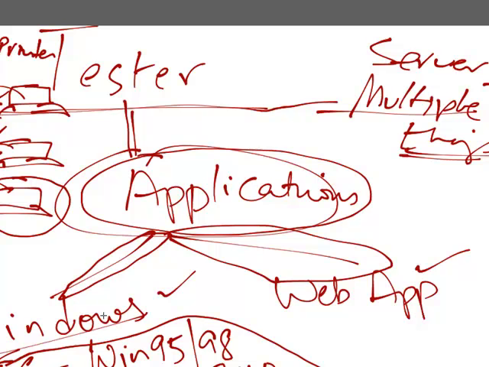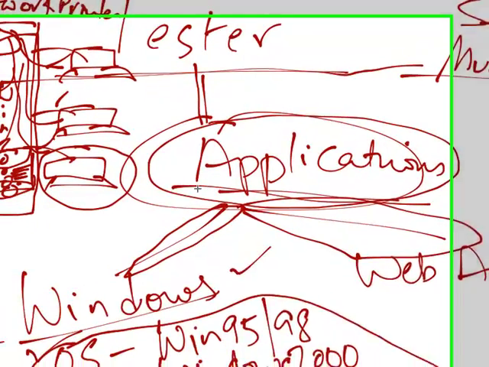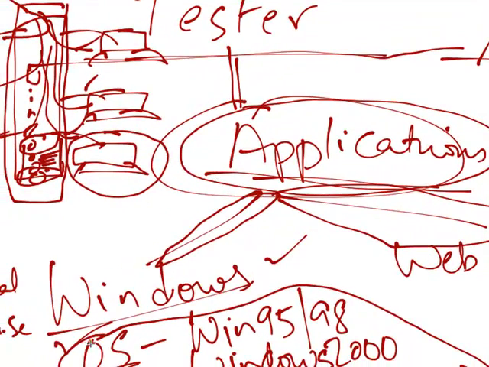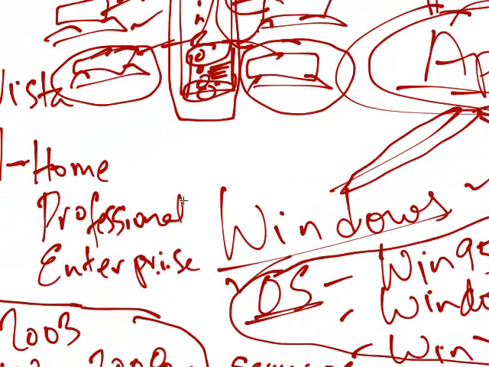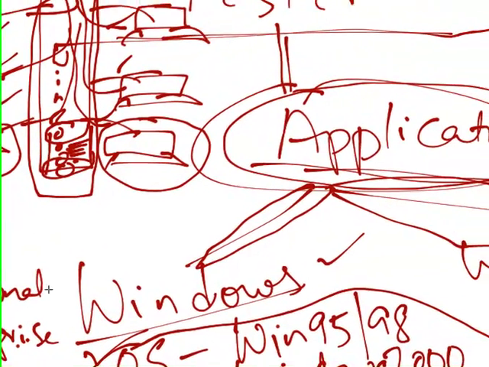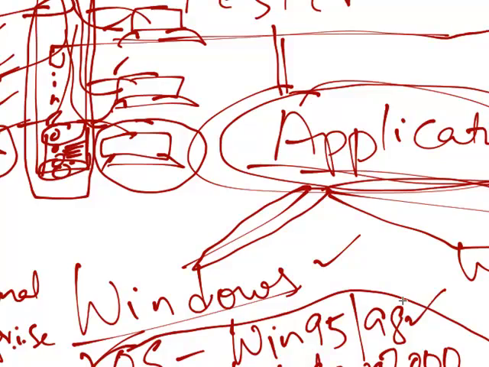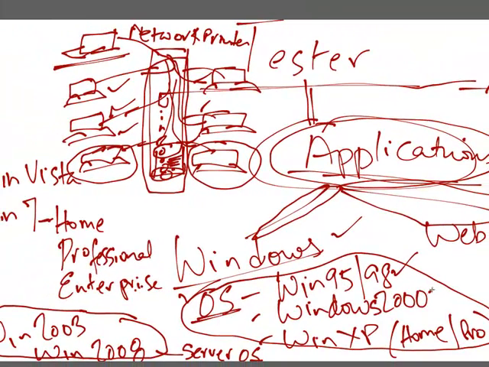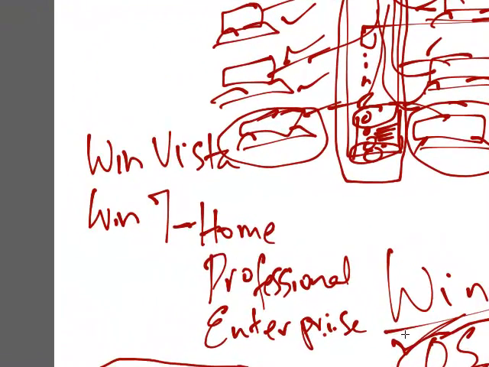That application basically runs on a platform or an operating system, which happens to be one of these operating systems. And when you are testing a commercial application, it is not going to be running on Windows 95 or 98 or 2000. It will be running on a server operating system. So we have an idea of the operating system.